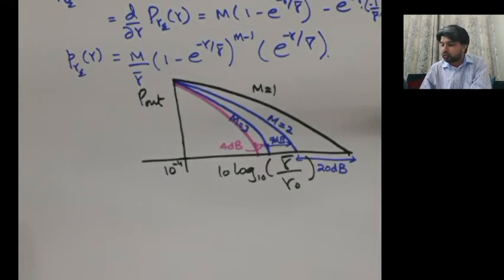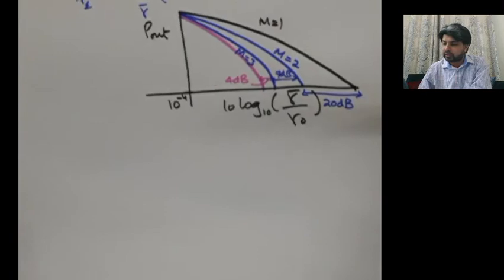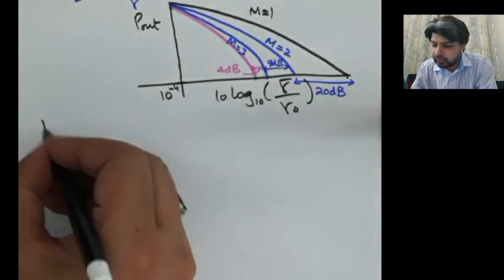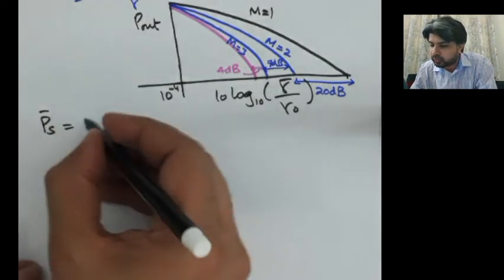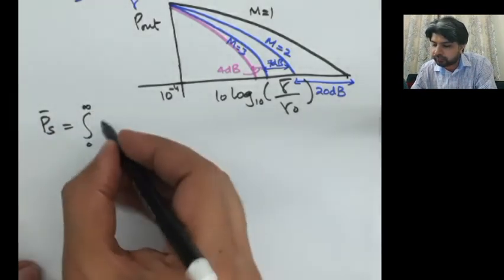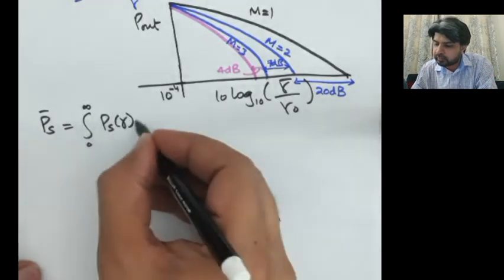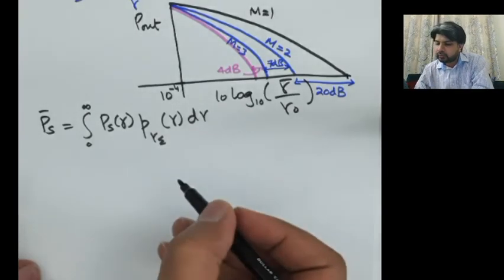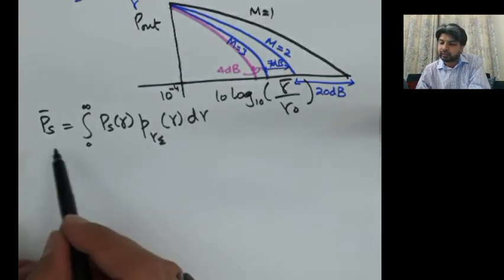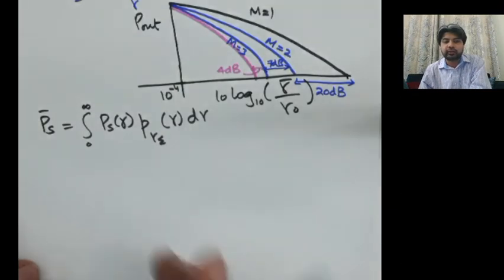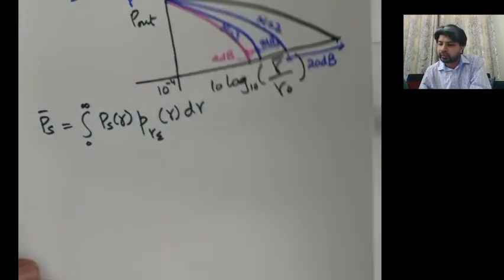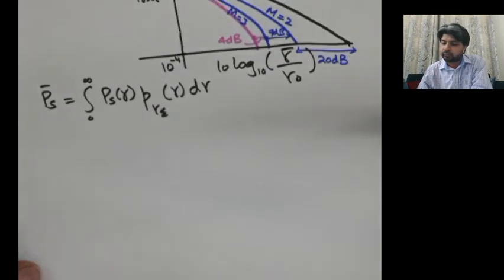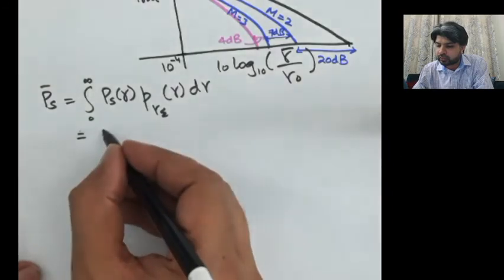Similarly, if you want to compute the average symbol error probability, remember, ps bar would be equal to the integral from 0 to infinity of ps of gamma times p gamma sigma of gamma d gamma, and now you have the distribution of gamma sigma. You can then simulate the average symbol error probability, and this is typically done using simulation because you would not get a closed form expression even for BPSK.